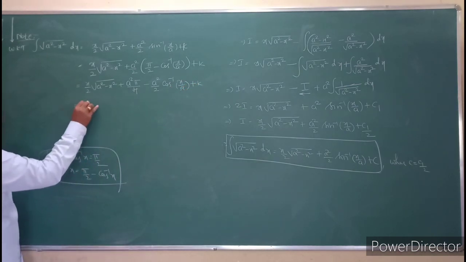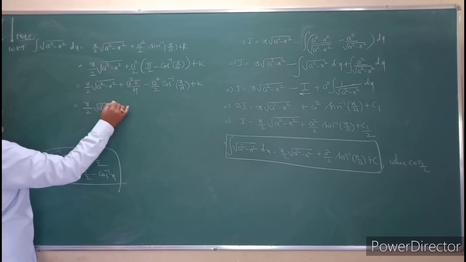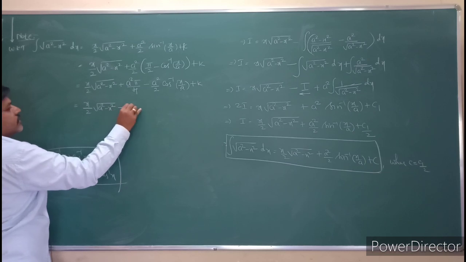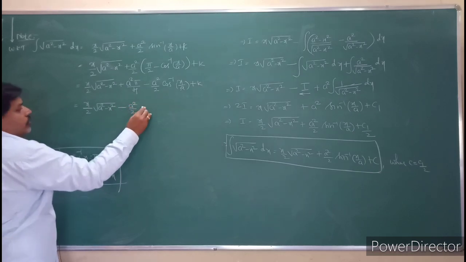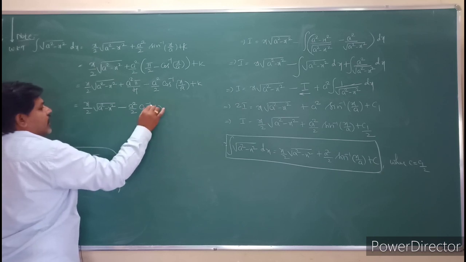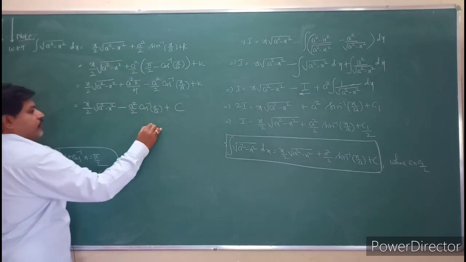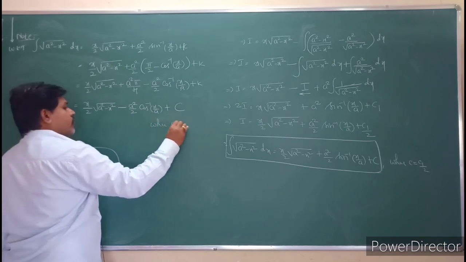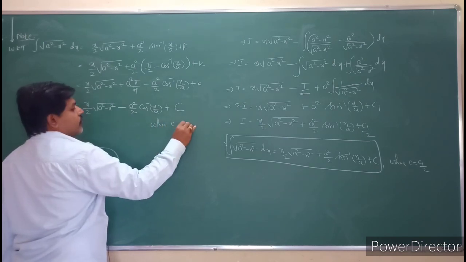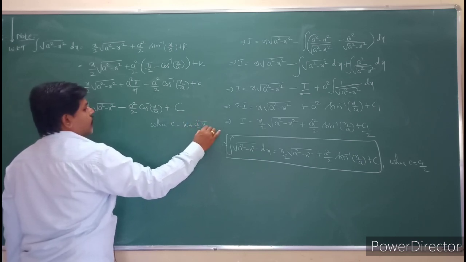So that is equal to x by 2 into root of a square minus x square minus a square by 2 into cos inverse of x by a plus c, where c is equal to k plus a square into pi by 4.